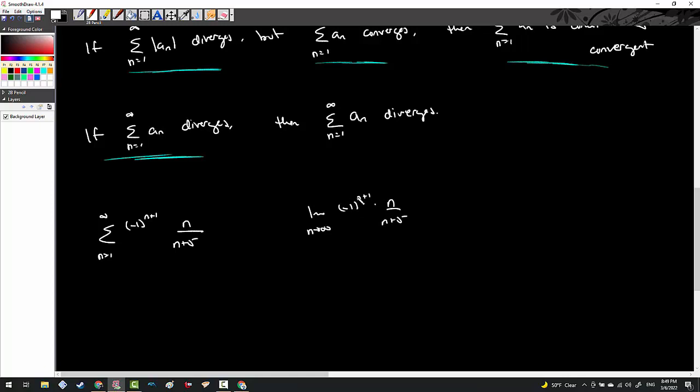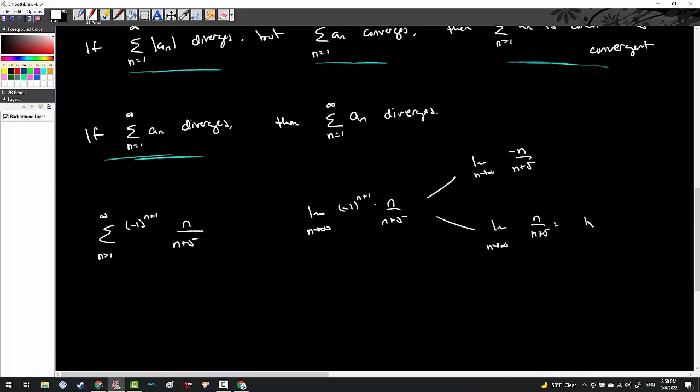The alternator would make it go negative, positive, and the limit as n went to infinity would make this guy go to 1. So I could split them up into two different limits: the limit as n goes to infinity of the negative version of this, and the limit as n goes to infinity of the positive version of this.